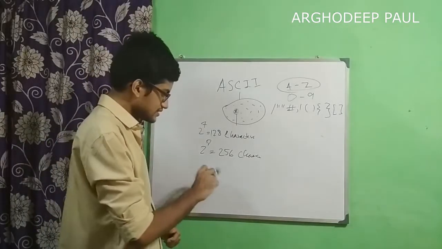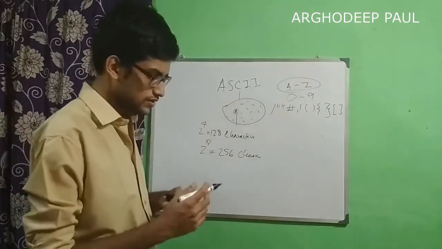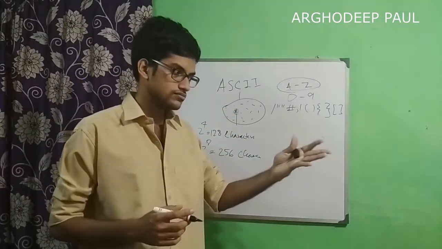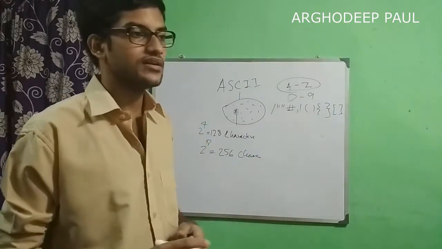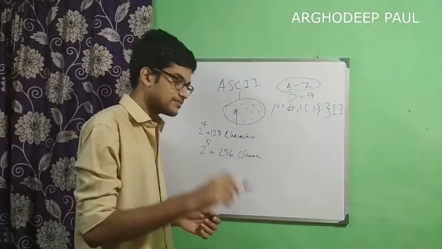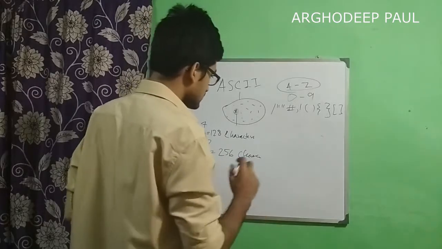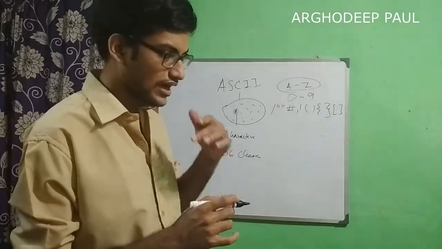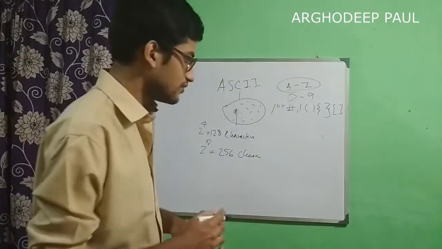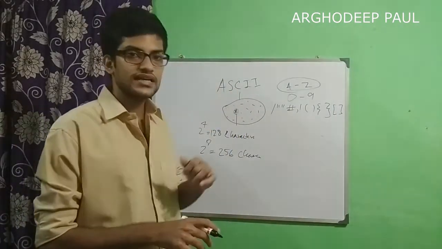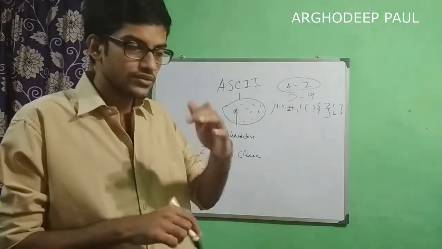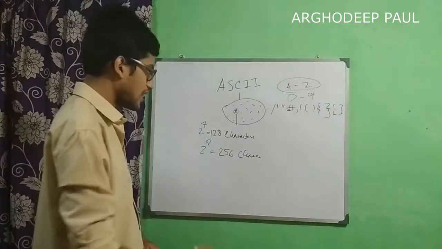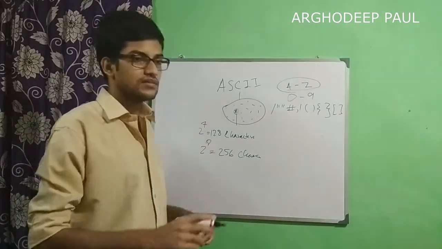So if we ignore that parity bit, and rather than using that parity bit we place one bit which can be either 0 or 1, then it will be automatically extended. The ASCII table will be extended to 256 characters, meaning 7 plus 1. I am not taking that parity bit into consideration.